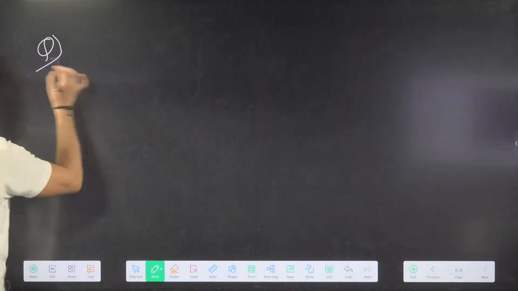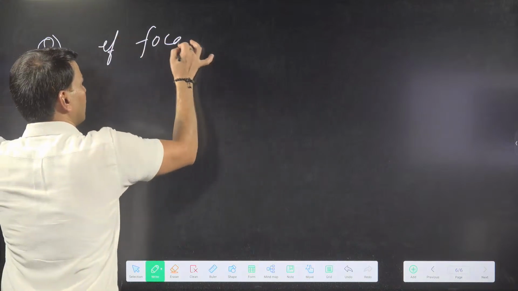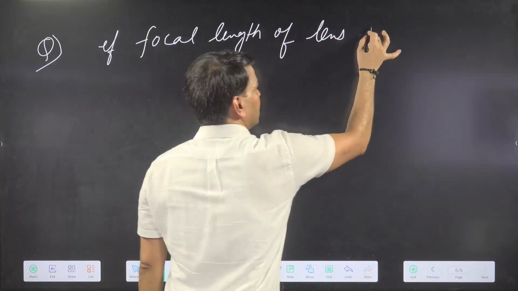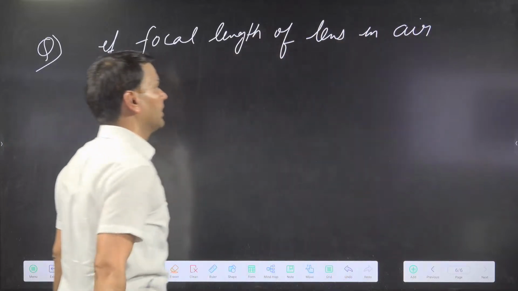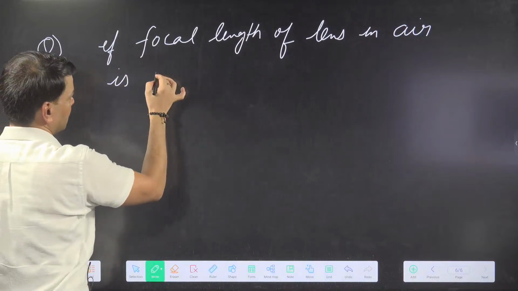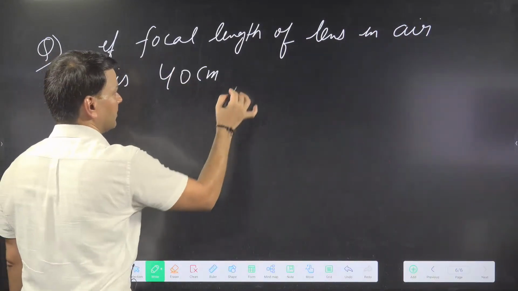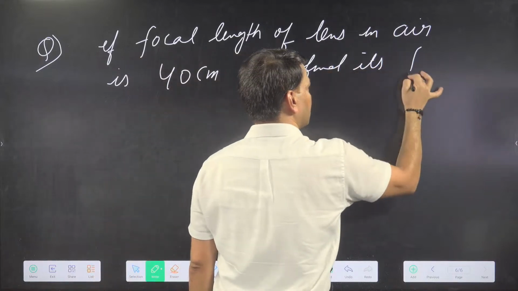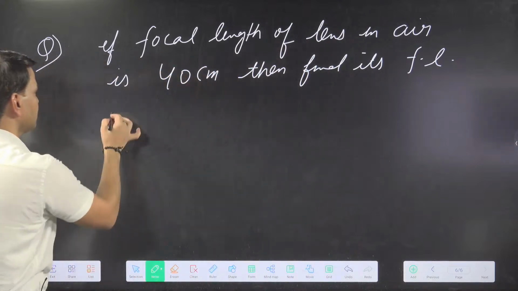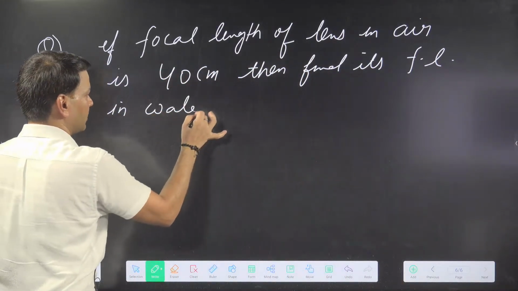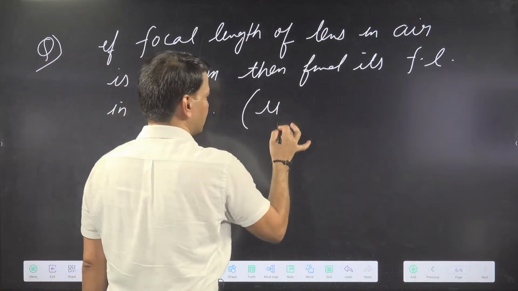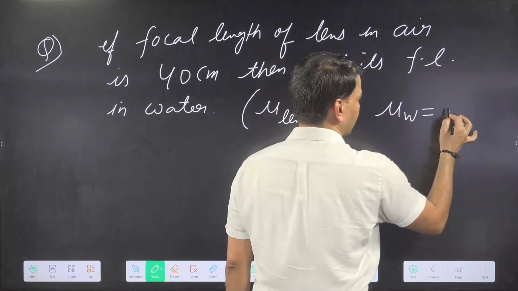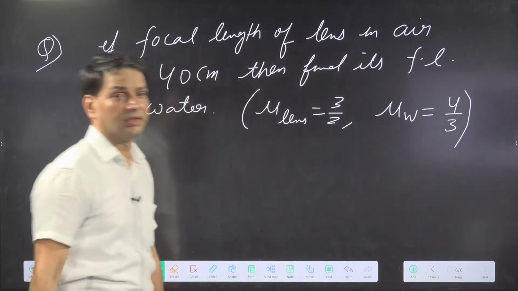Next, if the focal length of a lens in air is 40 centimeter, then find its focal length in water, if mu of the lens is equal to 3/2 and mu of the water I have given 4/3.